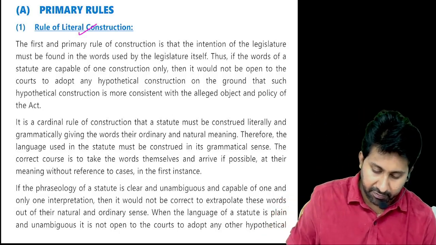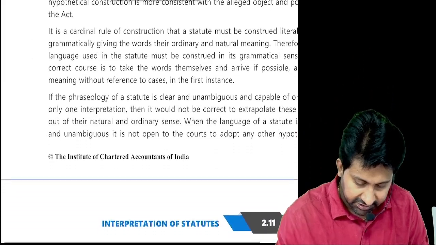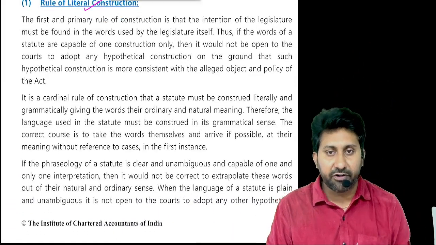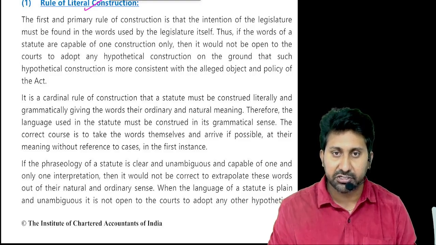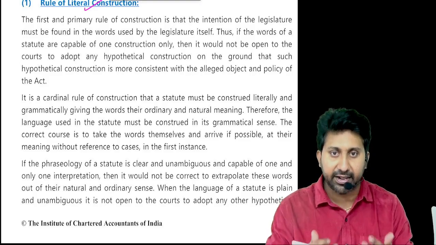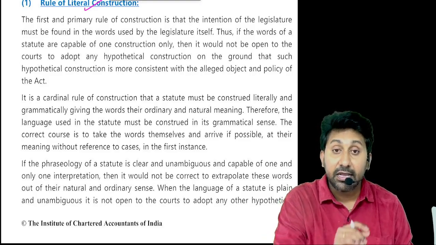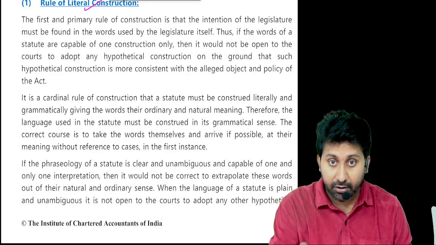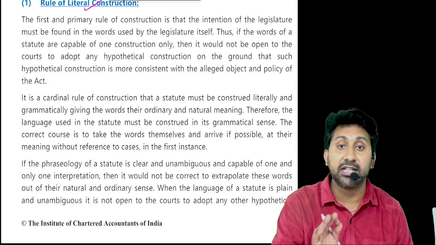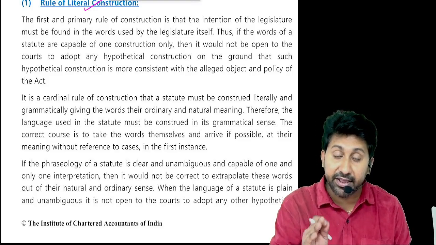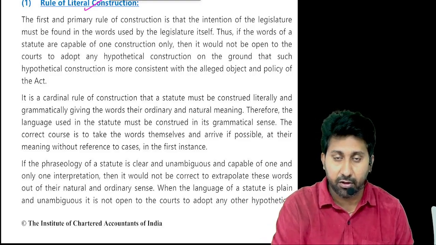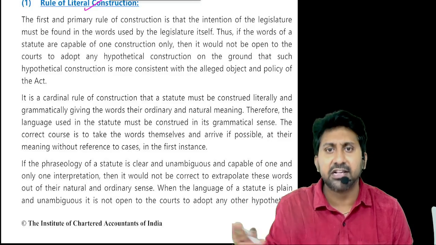Point number 1. What is the first rule of interpretation? Literal construction. What it wanted to tell, let me explain. When the language used in the act is plain and unambiguous, ambiguous means vague, unclear, unambiguous means everything is clear.